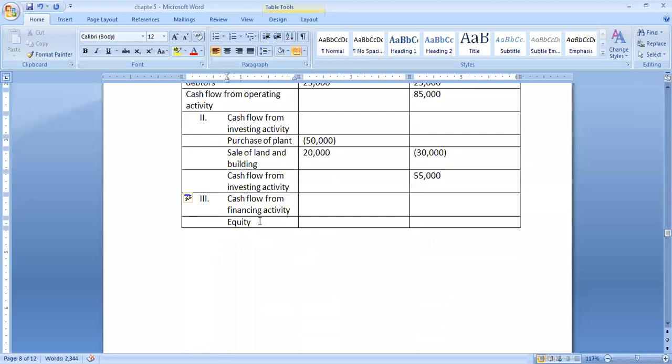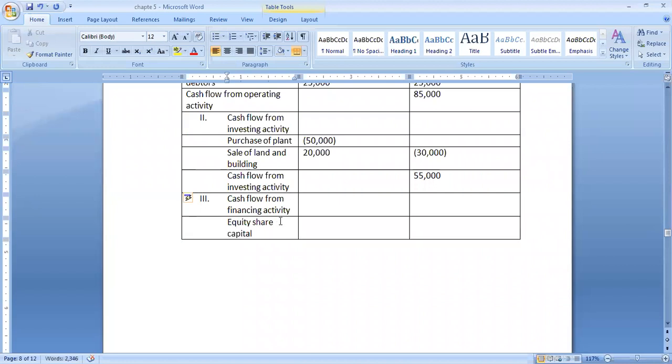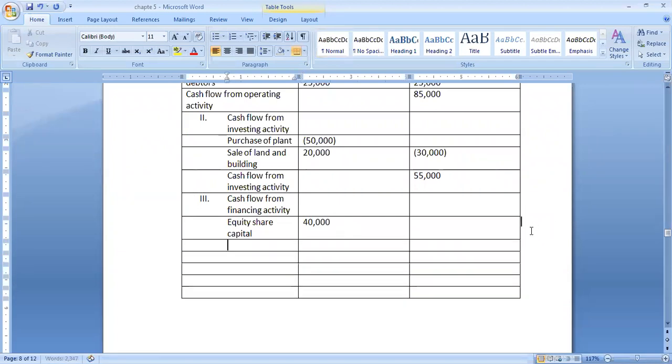So which are the financing activity? Equity share capital, that is issue of equity share capital. What is the value of equity share capital? It is 40,000. Okay. So 40,000 will be taken into consideration here.